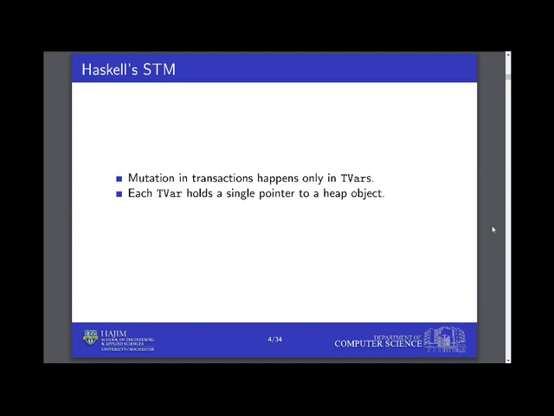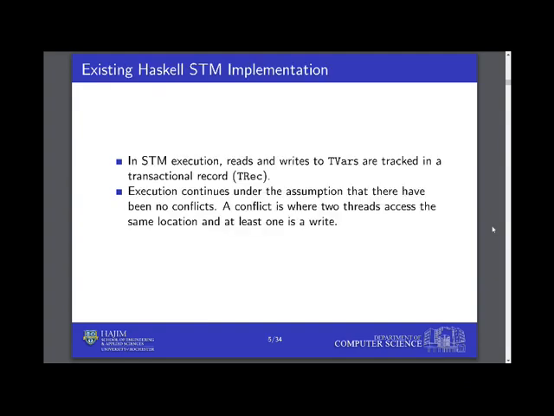So the Haskell implementation has these transactional variables that are distinct from everything else, and that makes sense in the Haskell context. And each transactional variable holds a single pointer to a heap object. When a Haskell transaction executes, it reads and writes.